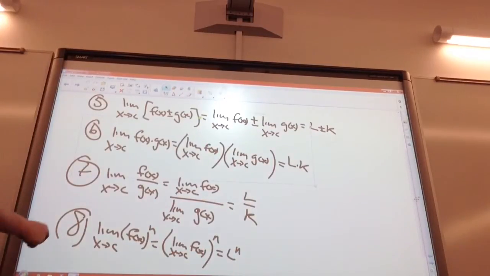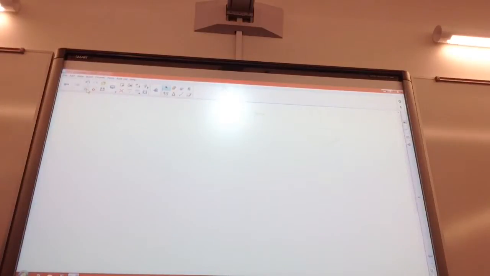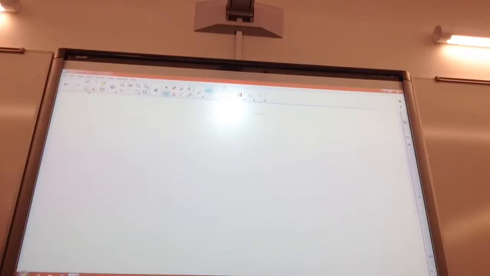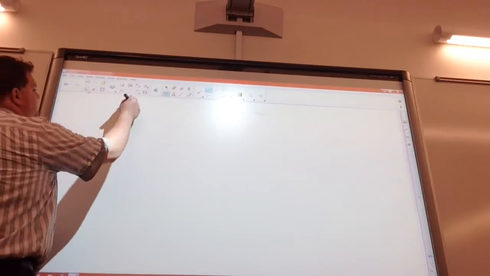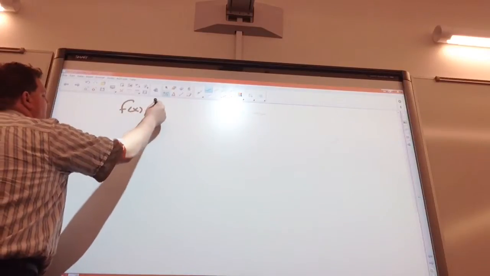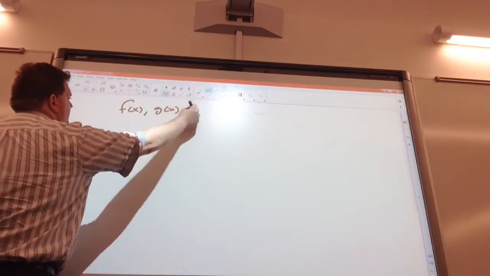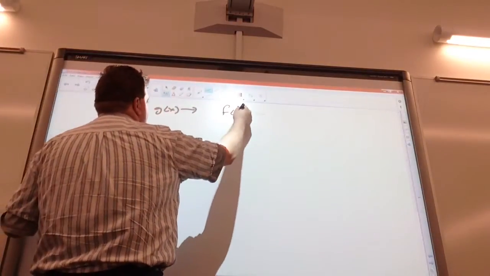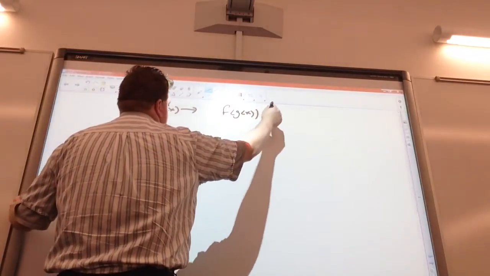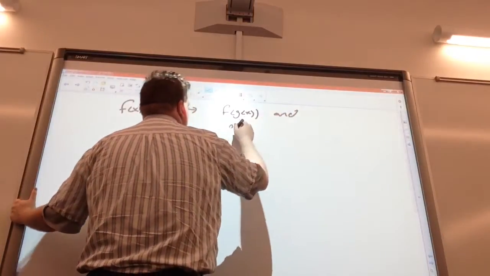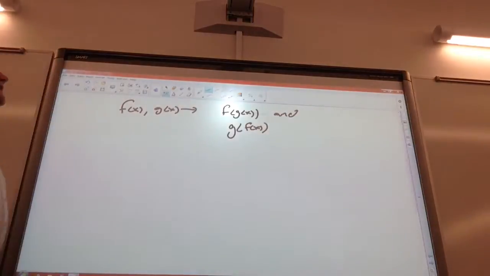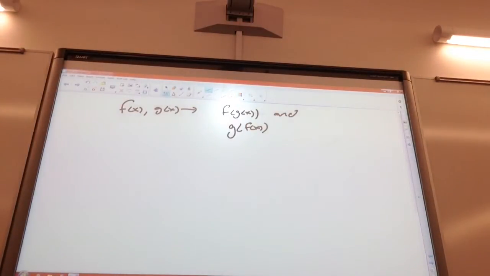If you remember from pre-calculus, a composite function is when I stick one function in for the other. If I had two functions, f of x and g of x, the composites I could get from there would be f of g of x and g of f of x. Those are the two ways I can combine them, sticking one function in completely for the other.